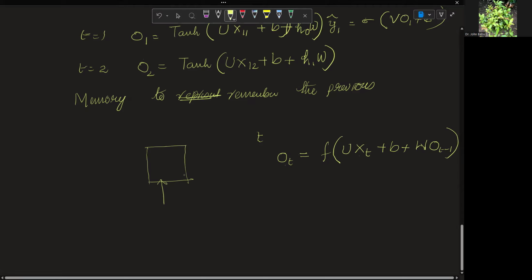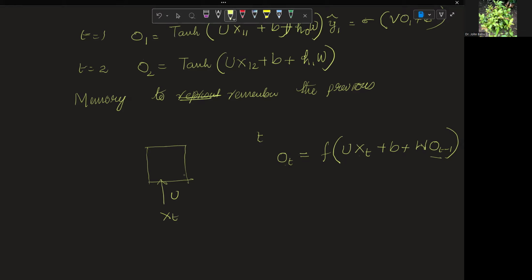So OT depends on OT minus 1. If this is XT going with weights U, and here we have OT minus 1 coming with the weight vector W, this will calculate the OT, and this OT with the weight V is used to calculate Y. So from OT, we calculate Y cap as another activation function, let us say F dash, of the weight vector V into OT plus that particular bias.